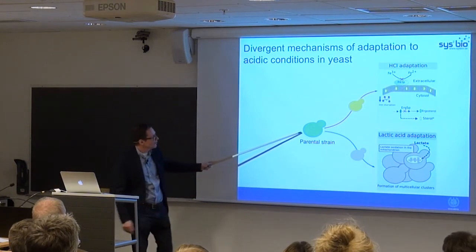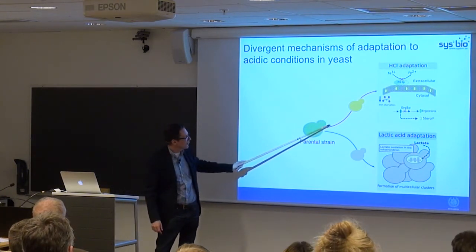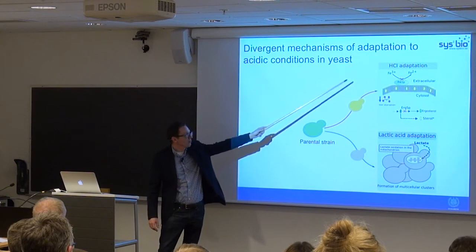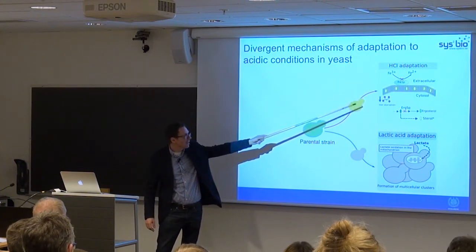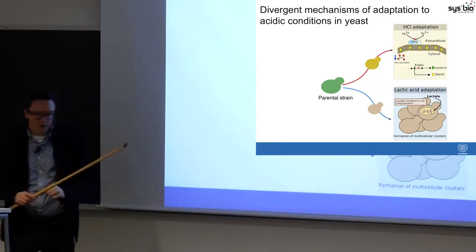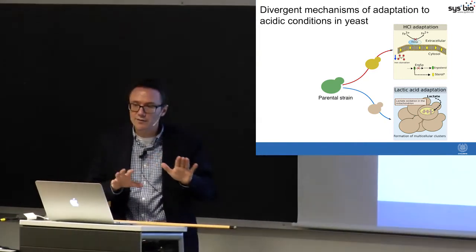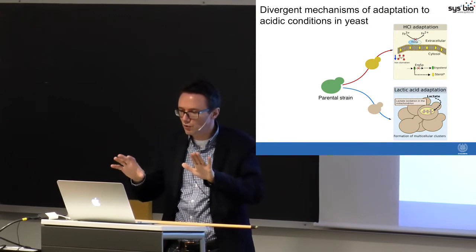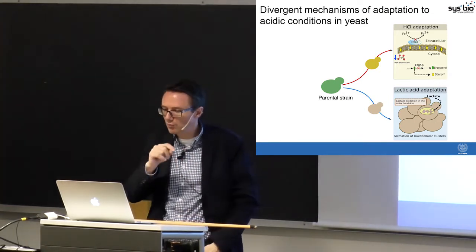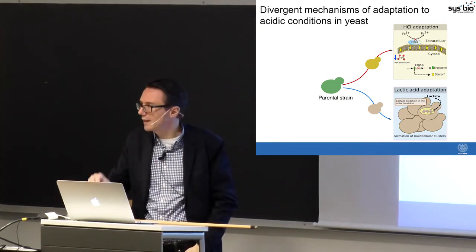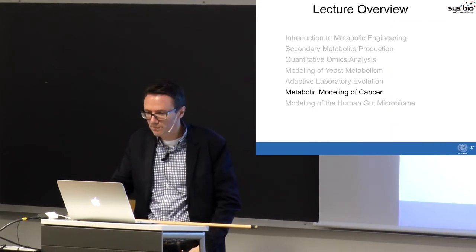And so you are in a situation where you are imposing stress, and you can have 2 different paths. One is adaptation to an inorganic acid, and one is to an organic acid, and you find completely different routes for this. And that's kind of interesting, of course, in terms of evolution, but also how we can use systems biology to quantify and find causal mutations.